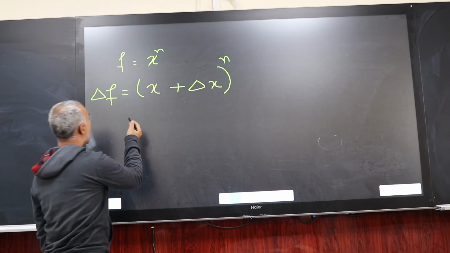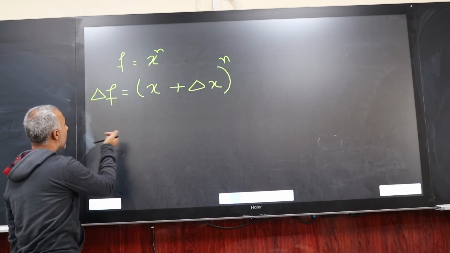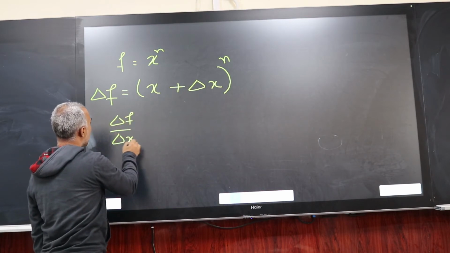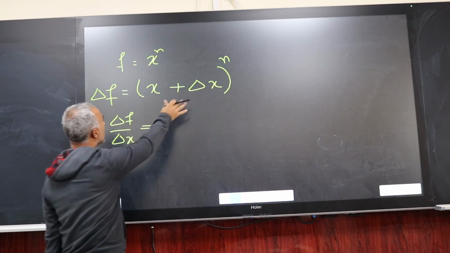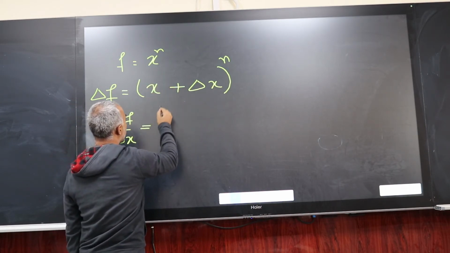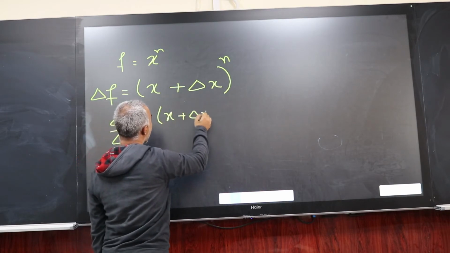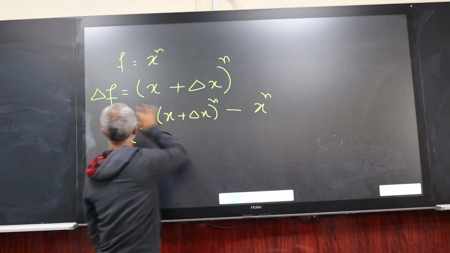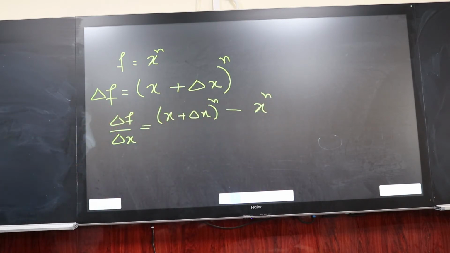If we want to write this in the form of rise over run, we can express delta f over delta x. This is our y2, this one is the y1. So (x plus delta x) to the power n minus x to the power n.